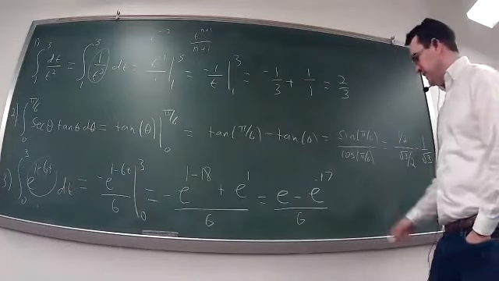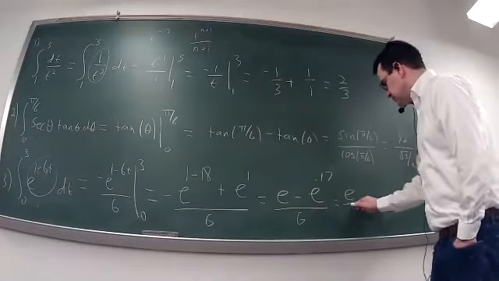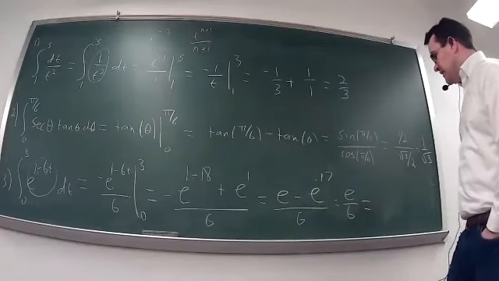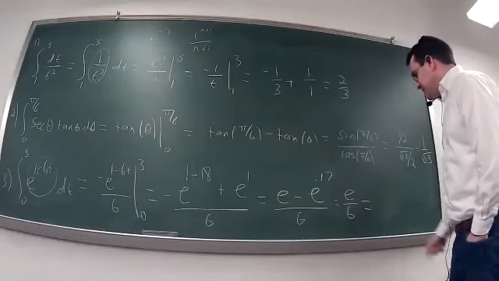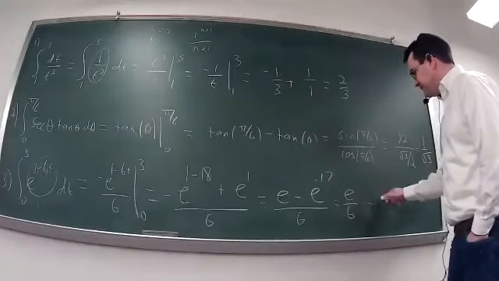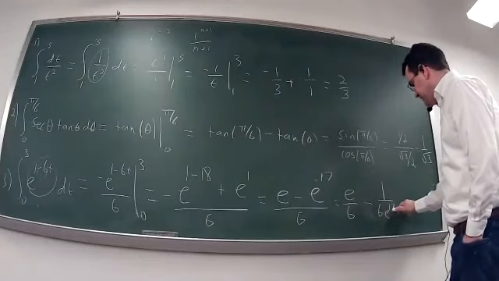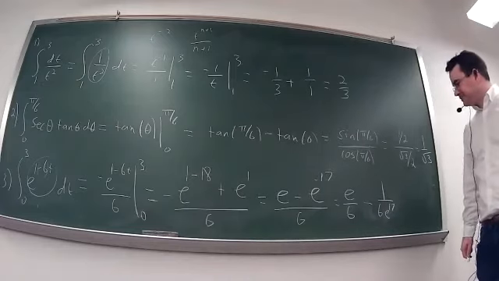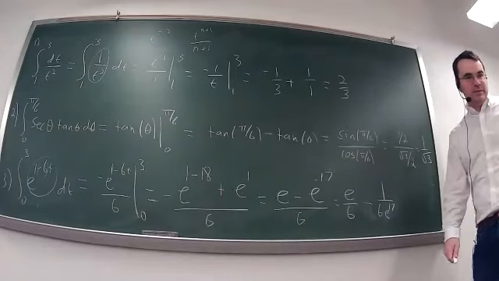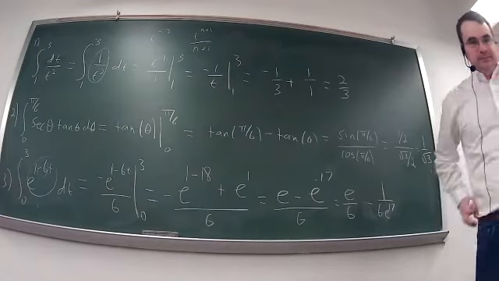We can't clean that up too much. So e to the minus 17 is 1 over e to the 17. I guess that's maybe the simplest way you can write it.